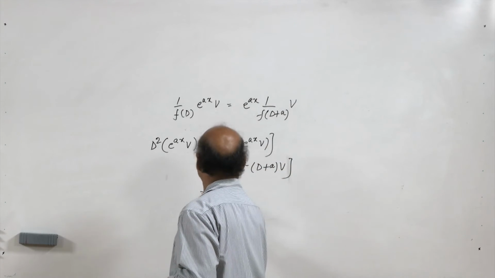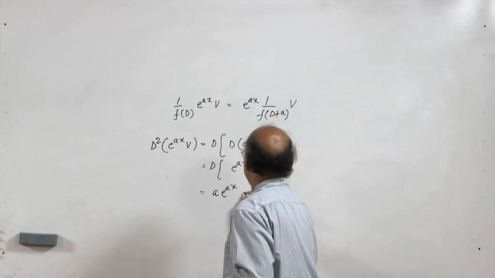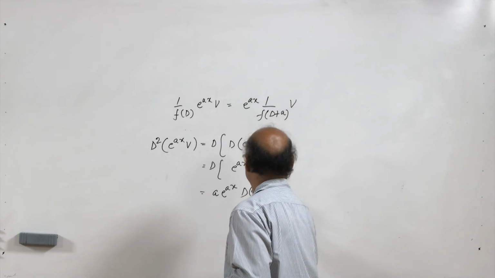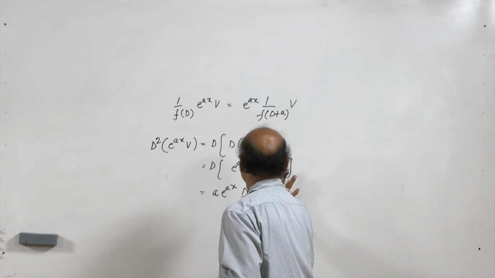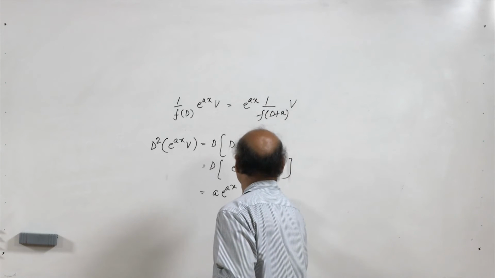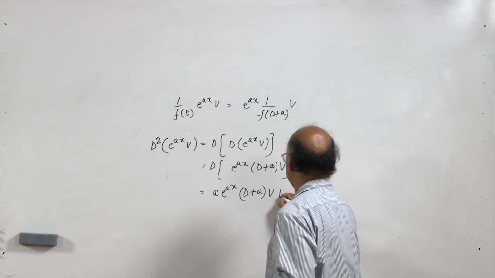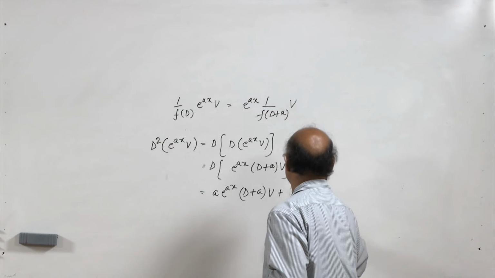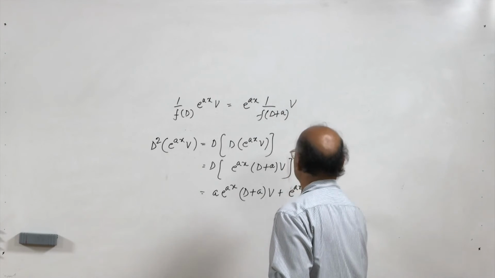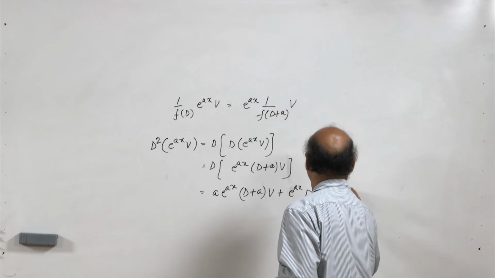Let us operate by D. So the derivative of e to the power ax is a times e to the power ax, then (D plus a) operating on v, then e to the power ax, D operating on (D plus a) v.